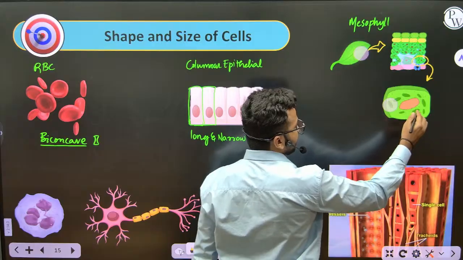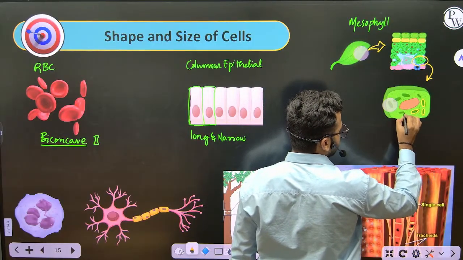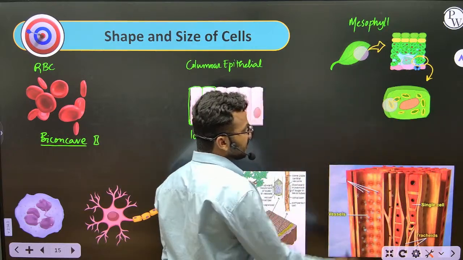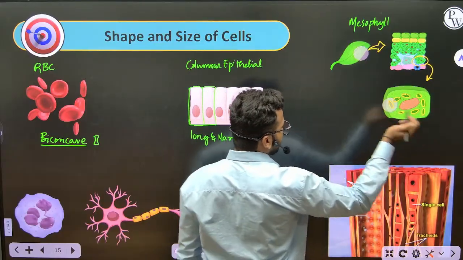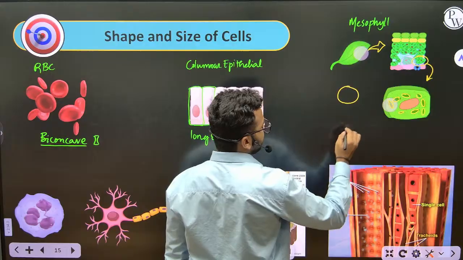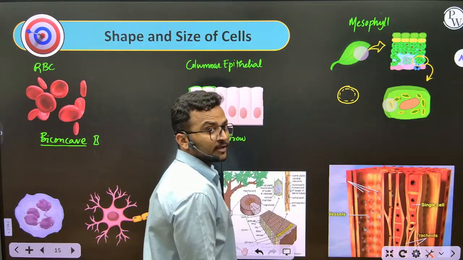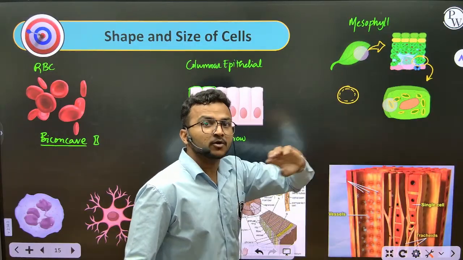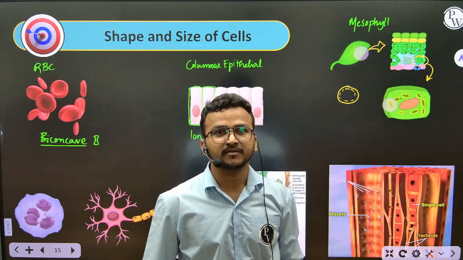Mesophyll cells have many chloroplasts, aligned together. In your book, a mesophyll cell is given with small black dots, and those black dots are nothing but chloroplasts. Chloroplasts are involved in absorbing sunlight and preparing food.